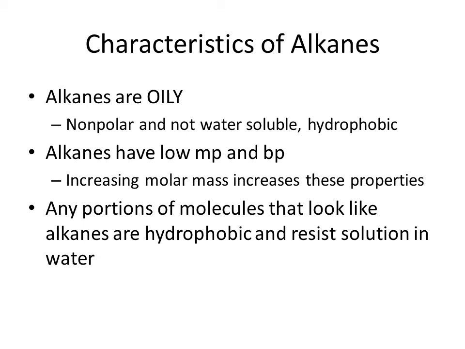So if I look at something like C8H18, then what you get is something that has a relatively low boiling point for its molar mass, probably a boiling point of around 40 degrees Celsius. But if I look at something like C40H82, well, it would have a very high boiling point because it has such a large molar mass.